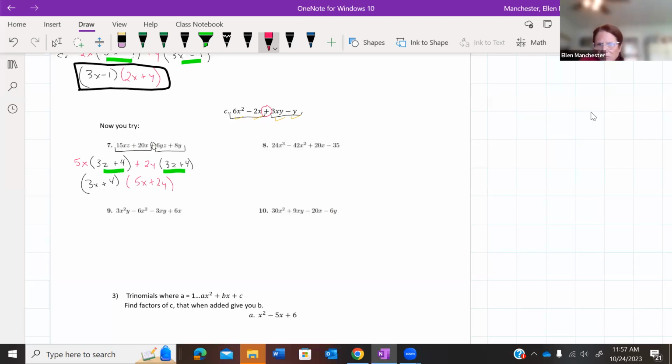Okay, so let me double check everyone that's done number 7. 3x plus 4, 5x plus 2y. Okay, so Brianna, let's look at yours. So you have 15xz, which you're good there. 20x, 6yz, and 8y.